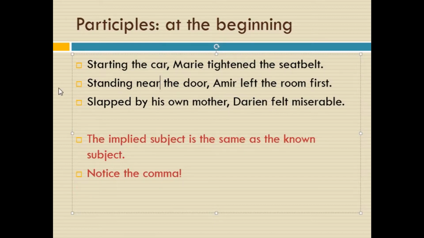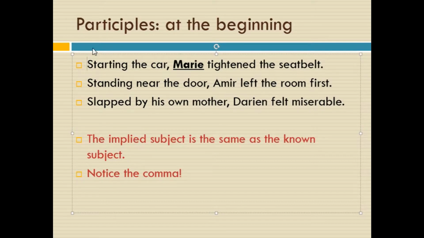What is important about it is that when it is used at the beginning of a sentence, we need a comma after the first phrase or the first clause is ended. It's not a complete sentence. It's a fragment. And the implied subject, the subject of the second sentence, should always be the same as the subject of the first one.